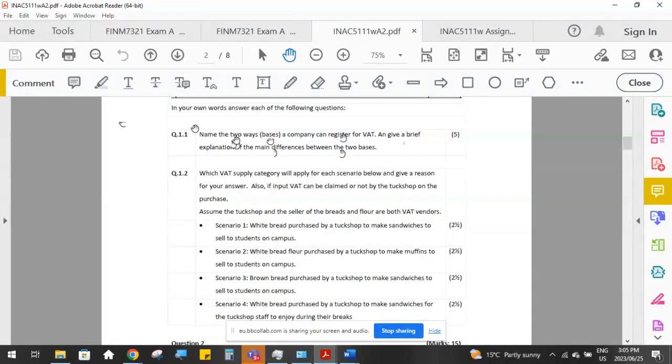So as I said in the prep for your assignment, this is one of your learning objectives. So you guys should go to your learning unit, which is learning unit 3, the learning unit on VAT, and read through what your learning objectives are. Let me just see if I can find it here quickly without wasting time.